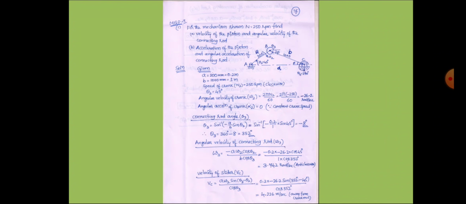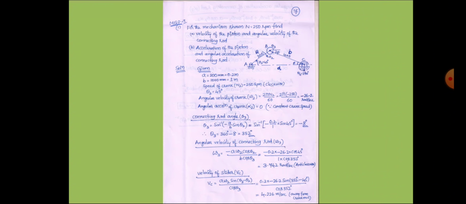And fourth point, while solving a problem, especially after listing the given things, first you must find omega 2 if it is not given, by using the formula 2 pi n by 60. And alpha 2 becomes 0 if he won't give the value of alpha 2 in the statement. It is understood that the crank is rotating at uniform speed, therefore by default I can take alpha 2 equal to 0. If not, definitely it will be given.